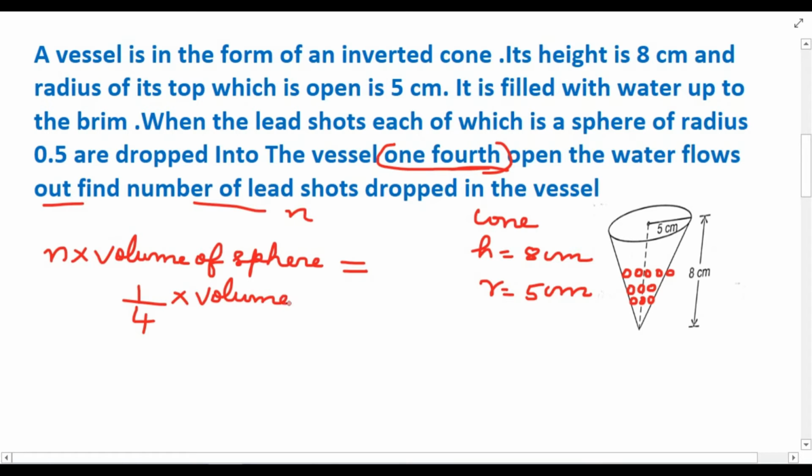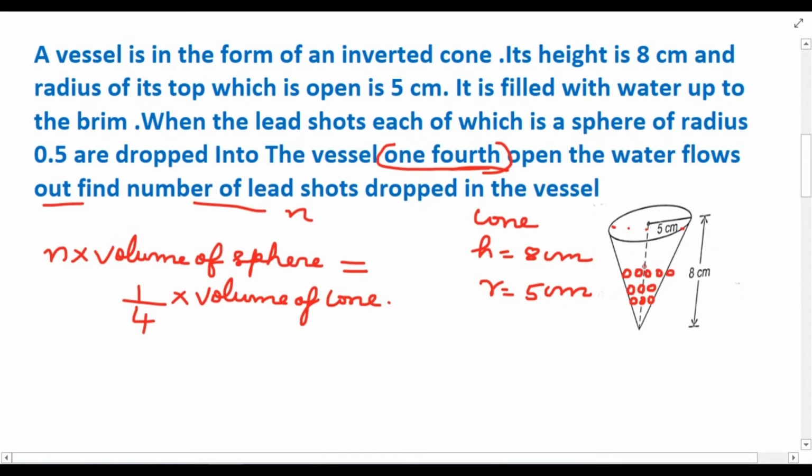This is the simple formula. They have given that the vessel is in the shape of an inverted cone, the height and radius of the vessel are given, and it is filled with water to the brim. We know that if something is dropped into the vessel, the water will flow out.